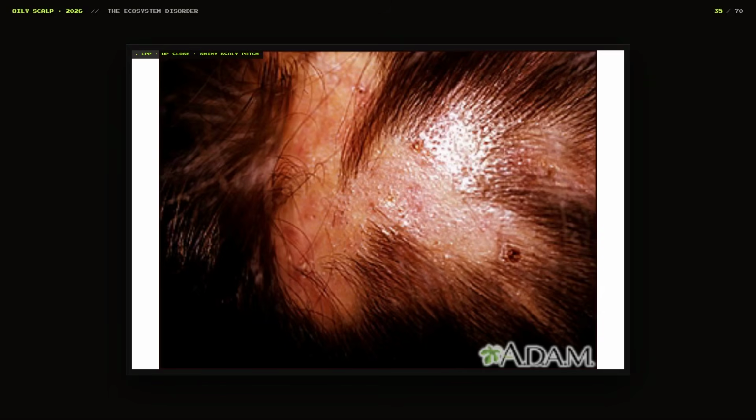And this issue is not just too much oil or too much fungus, it literally involves deeper lipid handling disorders around the pilosebaceous unit.